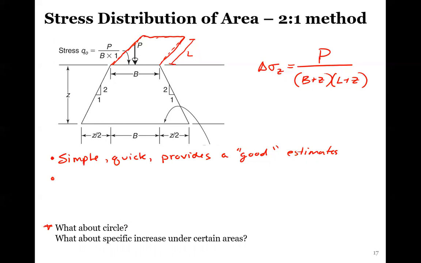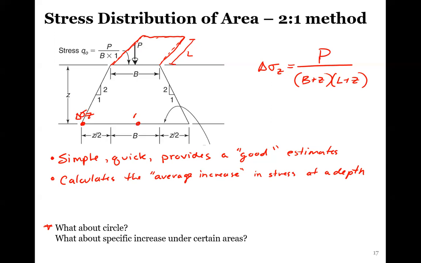What this actually does is only calculate the average increase in stress, only at a depth in question. So this is saying the stress right here is equal to the stress right here. It's all averaged.